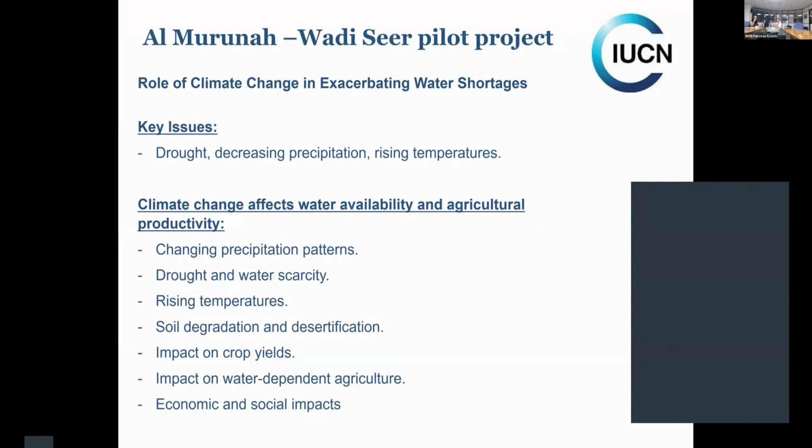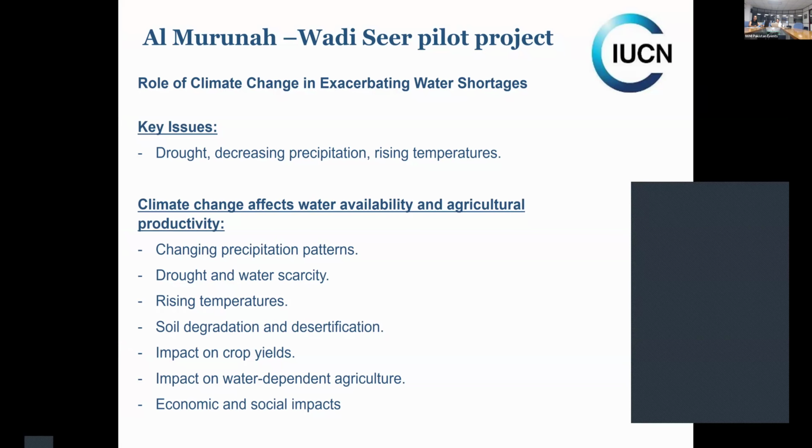If we are talking about climate change, we all know that it exacerbates the water shortage and crisis, and the main issues linked with the water crisis are drought, decreasing precipitation, and rising temperature.